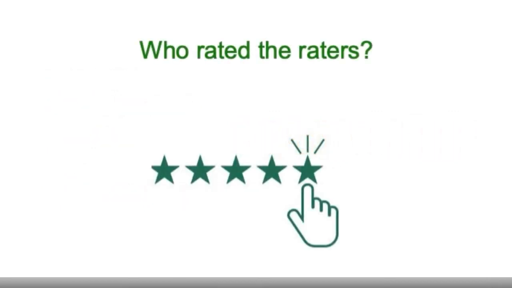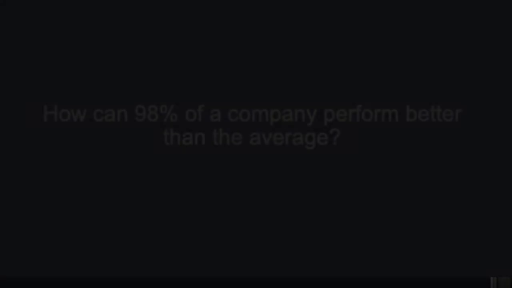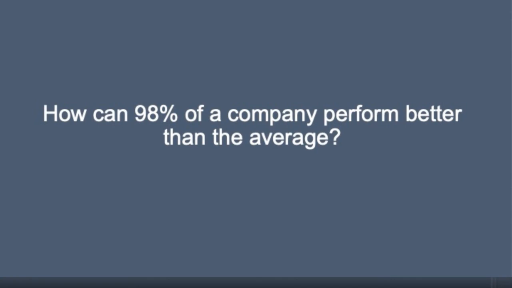Some people gave all excellence, while others gave a lot of fairs. Their solution to the problem was to hire some additional people to rate the raters. Of course, one may wonder, who rated the raters? Then there is the company where managers gave 98% of their workforce an above average. How can 98% of a company perform better than average?